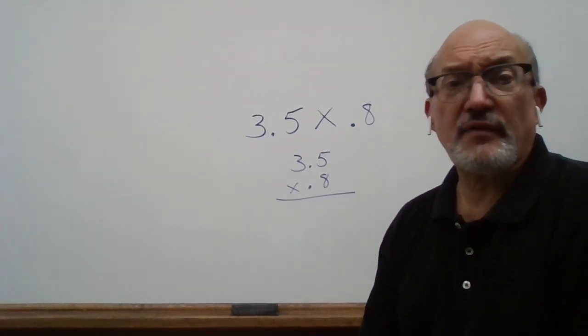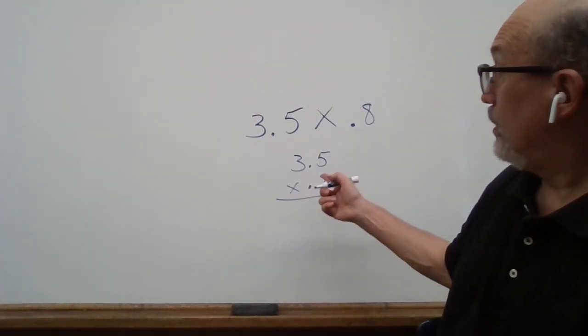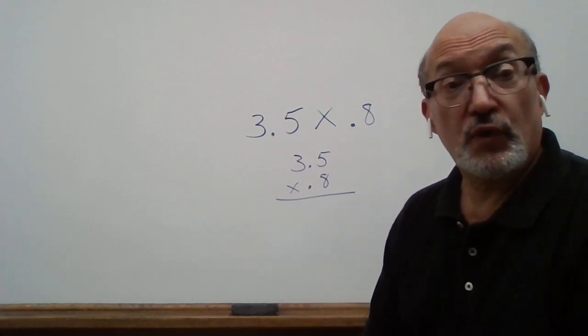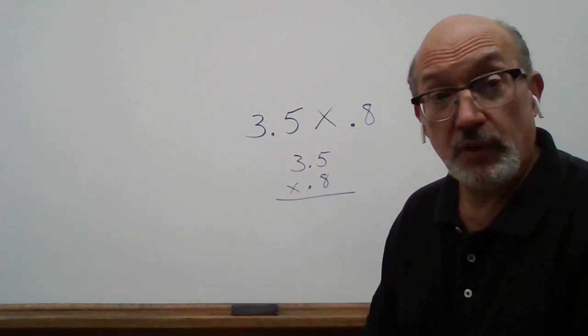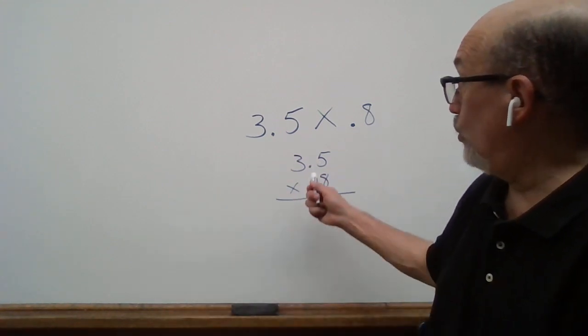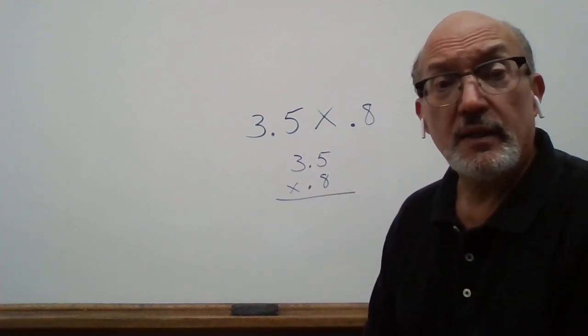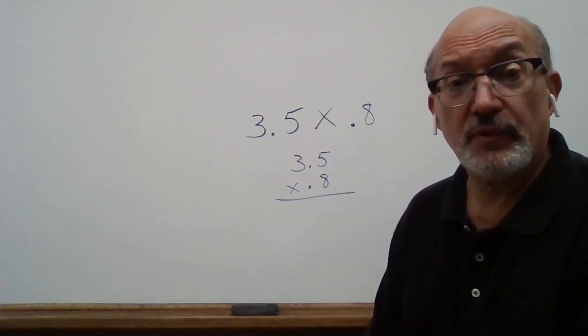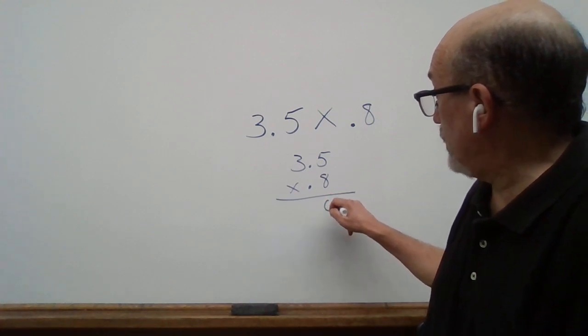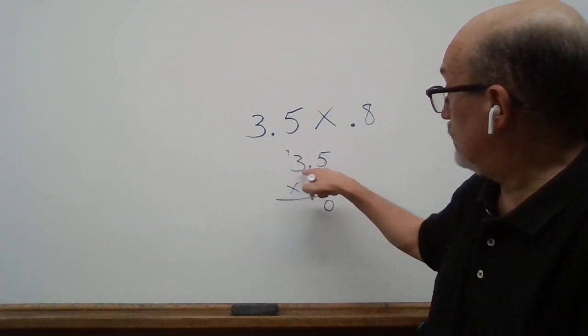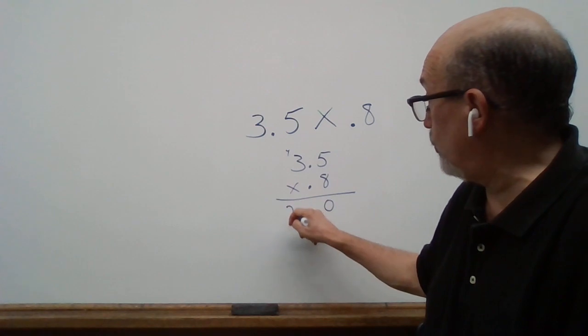How about 3.5 times 0.8? Well, when you write those two numbers vertically, the decimal points do line up. It's okay if they do, they just don't have to. We're going to pretend that we're multiplying 2 whole numbers, 8 times 35, 40, we'll carry a 4 here, 24 plus 4 is 28.